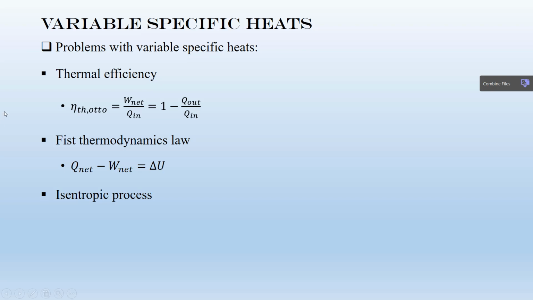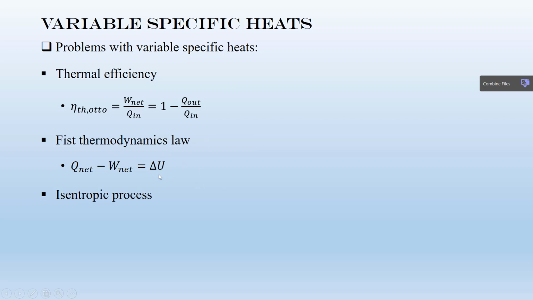The second difference is the first law of thermodynamics. For problems with constant specific heat, you can write Q net minus W net equals delta U, which equals M CV times delta T, correct? However, for variable specific heat, you are not allowed to use the CV.